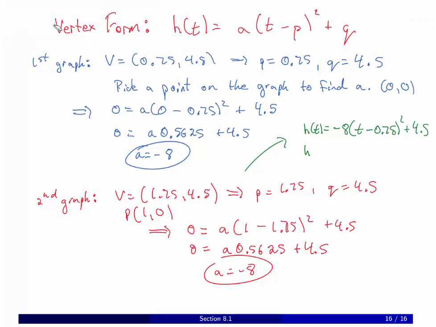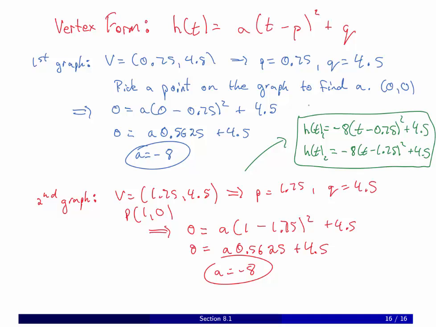Actually, sure, let's just keep it. Then we have h of t, call that 1, we'll call it 2, equals negative 8 times t minus 1.75 squared plus 4.5. Okay? And there you have it.